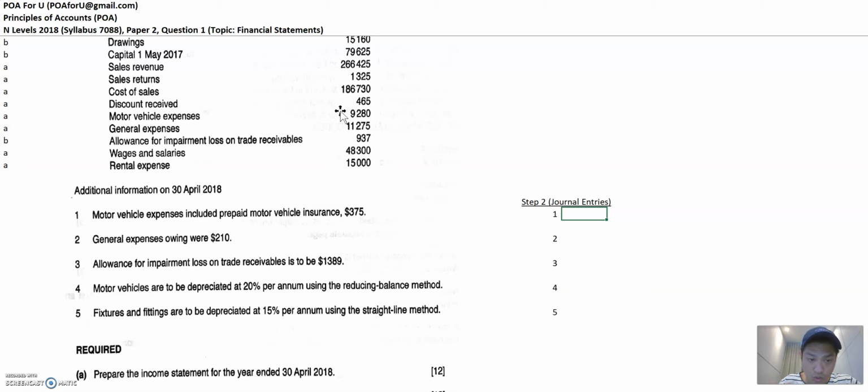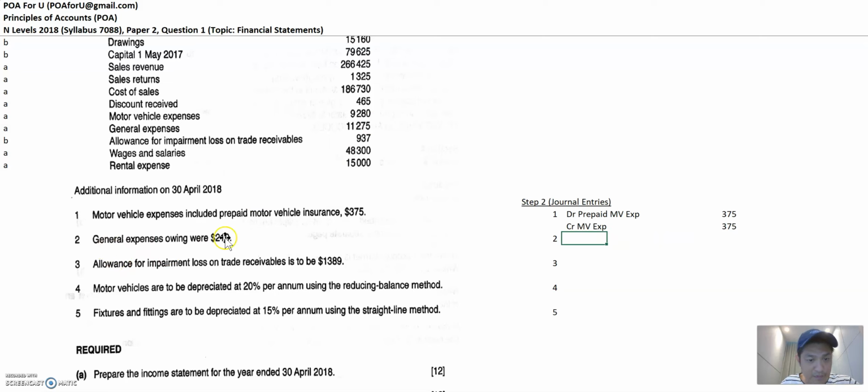And an asset is debit in nature, so you want to increase that asset to record this prepaid MV expense, 375. Then I'm going to credit MV expense, because I want to take away the prepayment. Expenses are debit in nature, so if I want to reduce it, I'll credit it 375. So that's the first journal entry.